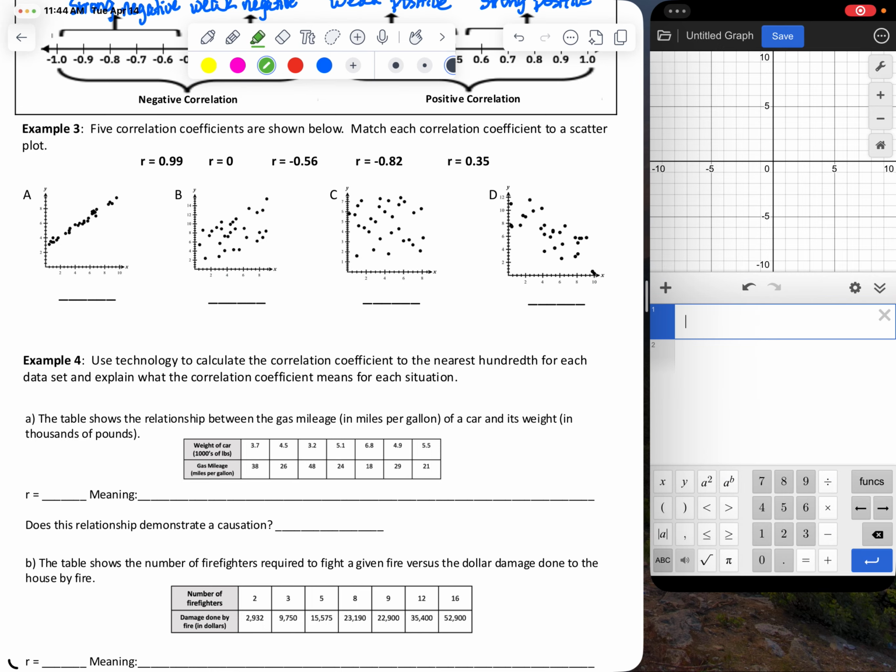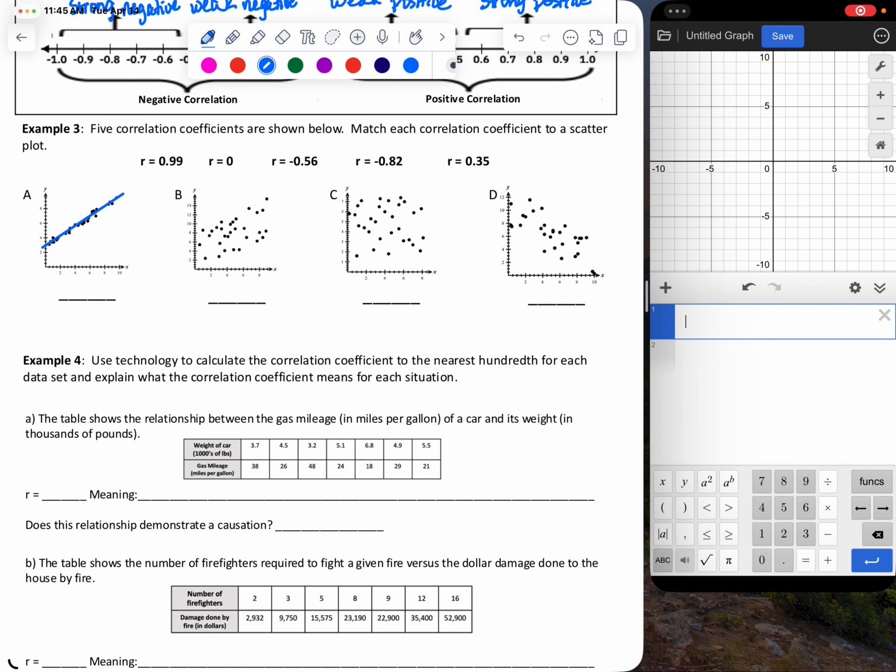So we're going to look at problem A. The first thing I want to do is draw a line of best fit through this data. And I want you to notice that the points are very strongly clustered around that line. And not only that, it is a positive slope. So we know we can eliminate any R value that is negative.